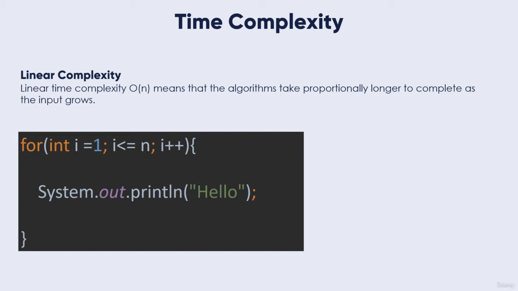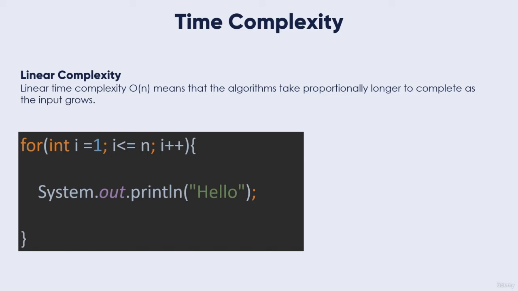If I enter n equal to 1 million, this system.out.println line will be executed 1 million times. So here we depend on the value of n.